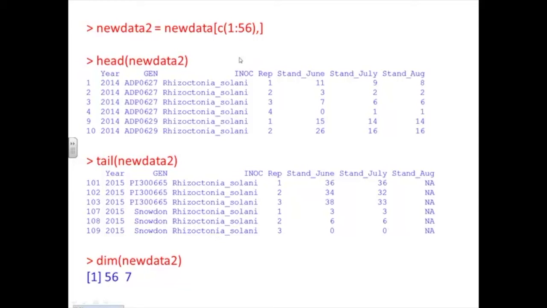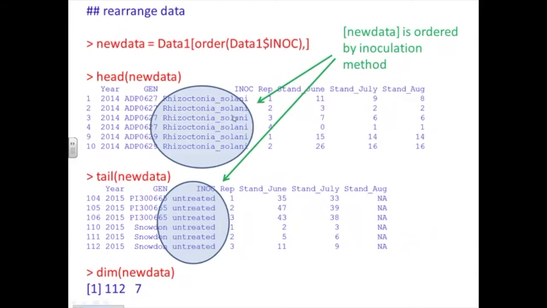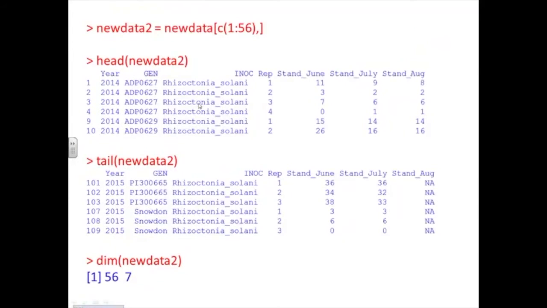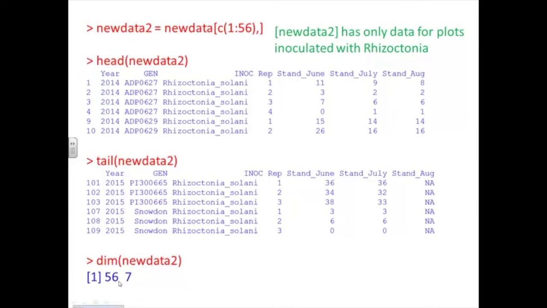By ordering my data, sending the inoculated part to the top, and then writing that out, I have a new set of data with the dimensions of 56 by 7 that only contains the inoculated data. Right? So I've just rearranged my data and partitioned out a piece of it. Okay? So new data 2 has only data for plots that are inoculated with Rhizoctonia.